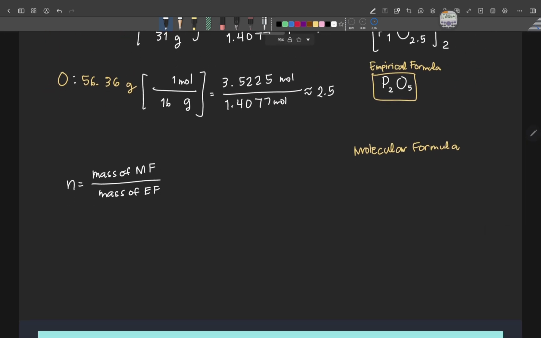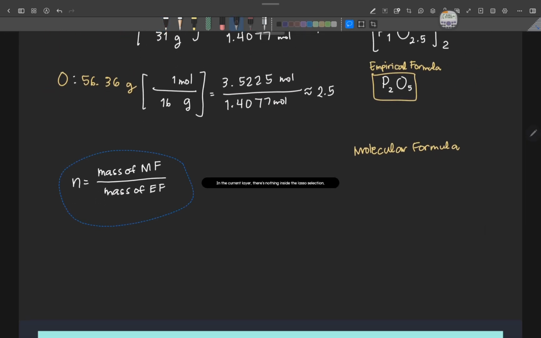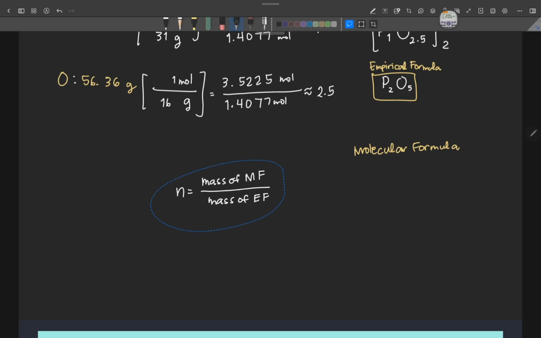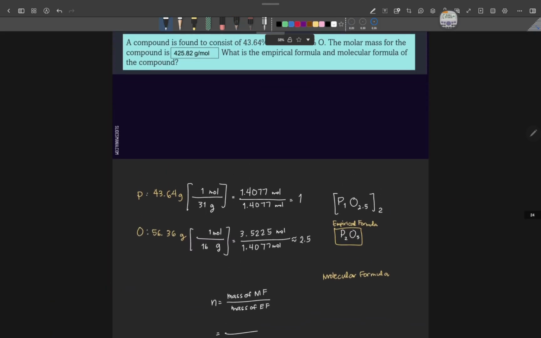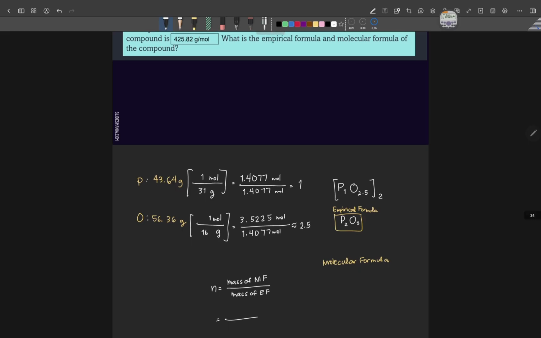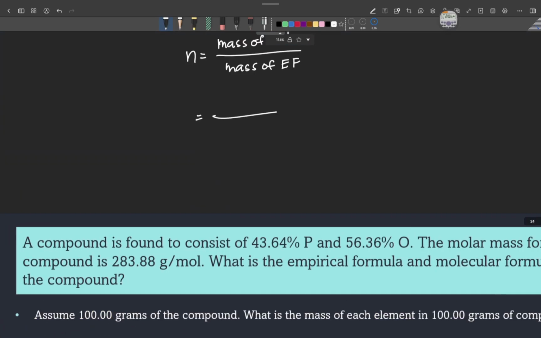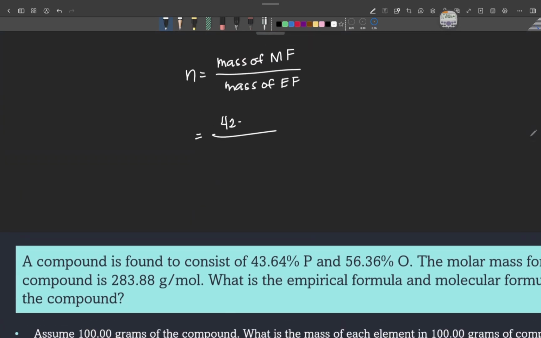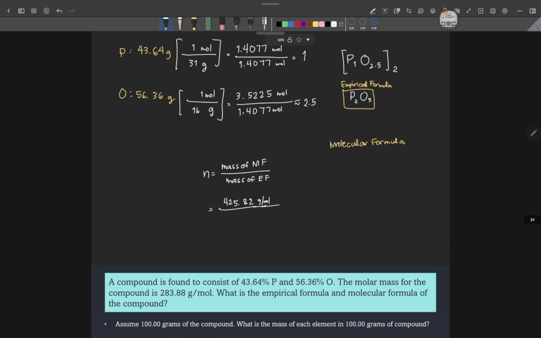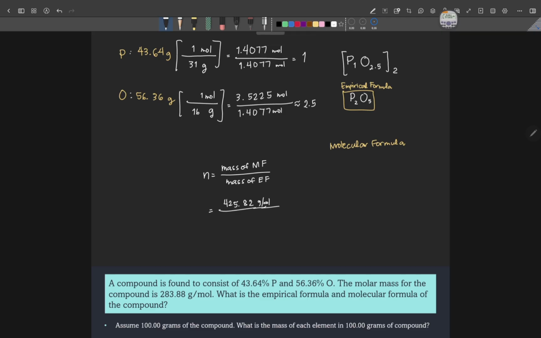So since the mass of the molecular formula is in the problem, what is that? 425.82 gram per mole. We have to find the empirical formula mass. So that's P2O5.